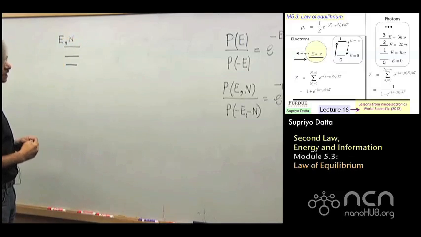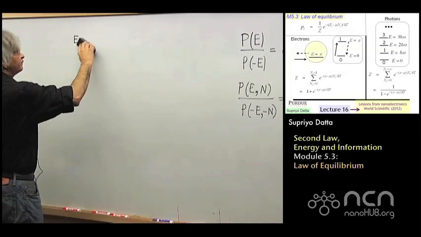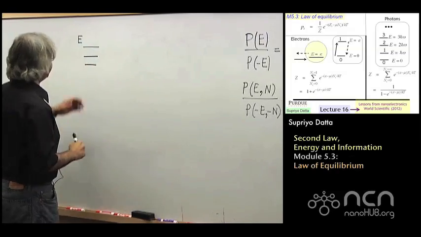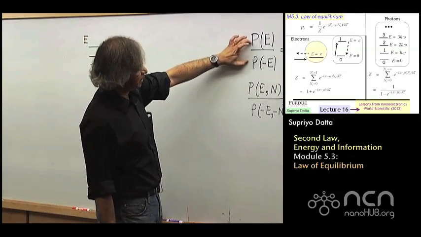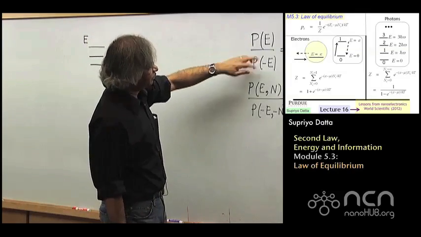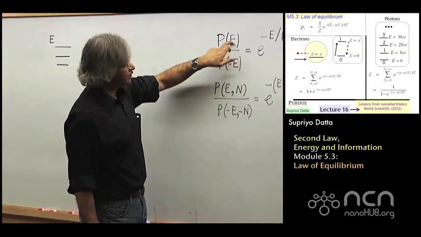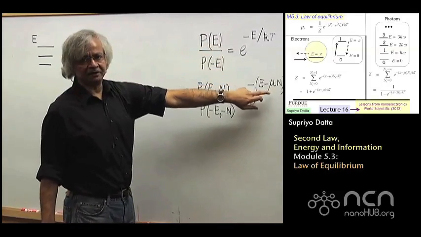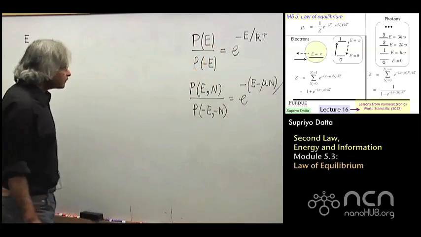In fact, for this discussion, let's leave the N out of the story. We just talk about different energies being available. With the idea that, if electrons are being exchanged, then instead of E, we'll use E minus mu N. We'll come back to this.